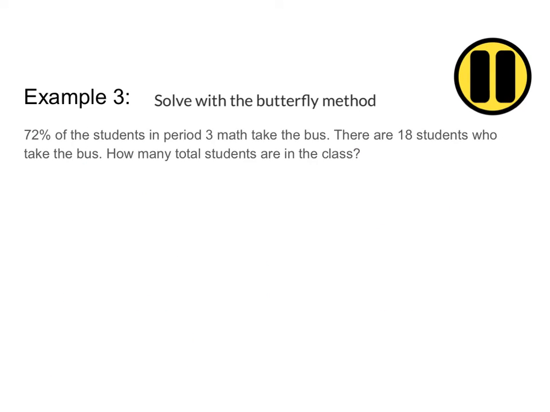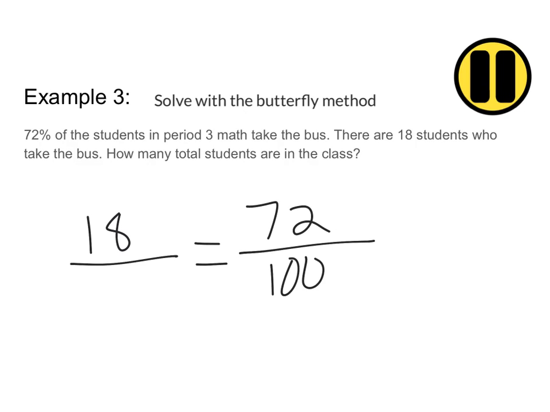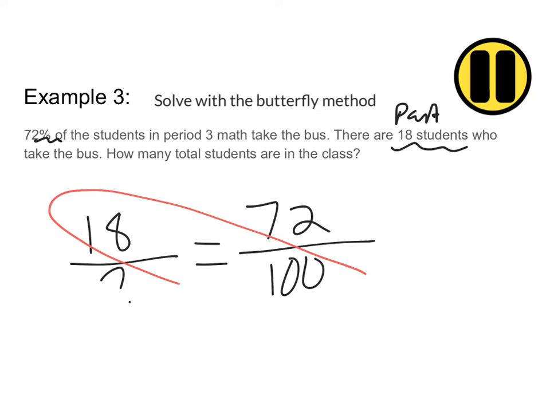And finally, 72% of students in period 3 take the bus. There are 18 students who take the bus. How many total students are in the class? On this one, we knew the percent and we knew the part, but we didn't know the whole. So let's once again identify the diagonal where we know both values. That's right here.